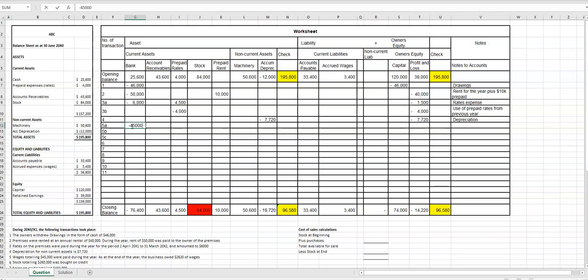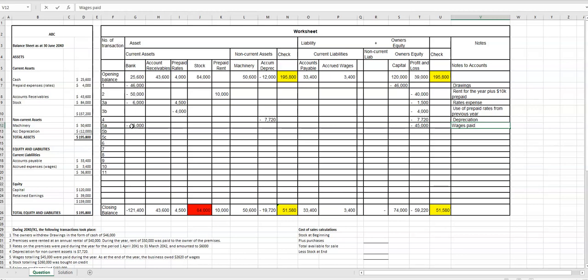It's an expense, so we also need to reduce our profit by 45,000. And our notes are going to be wages paid. That's fairly clear. Now we do need to look at a couple of other things.